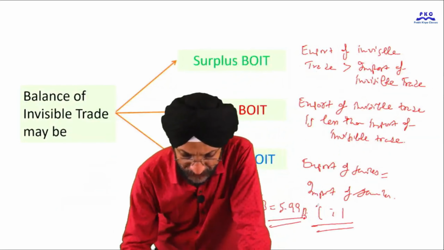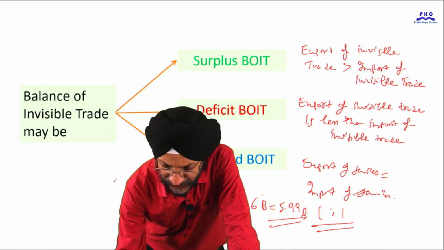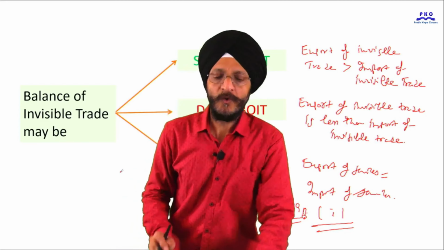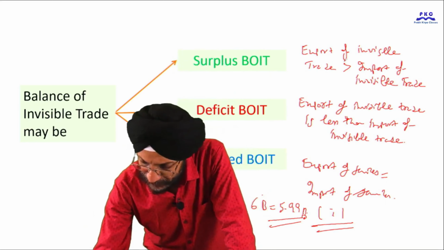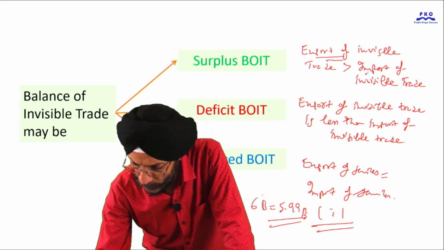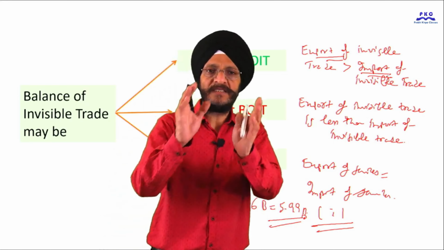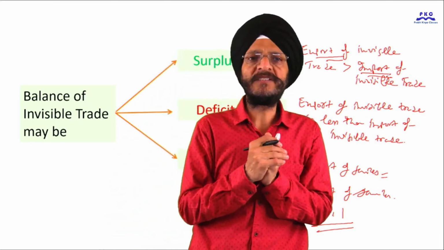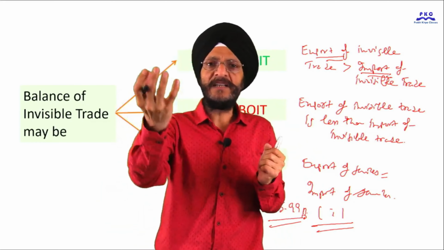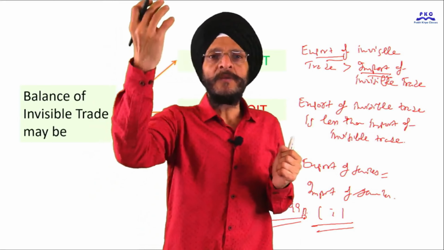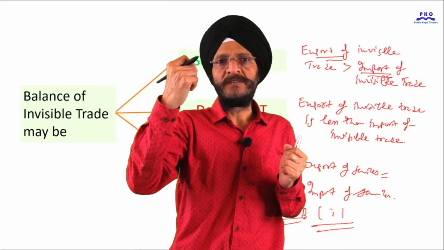The balance of invisible trade has a significant impact on the country's economy. If the country's exports are more than the imports, that is, the economy is having surplus balance of invisible trade, then it means that it is getting more foreign exchange.